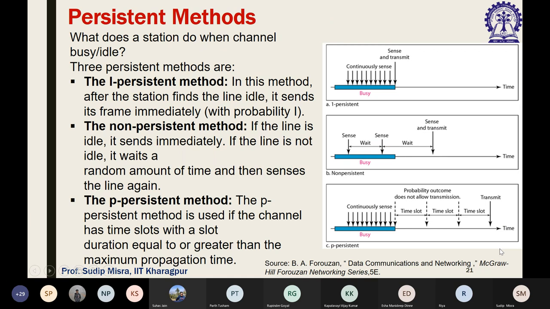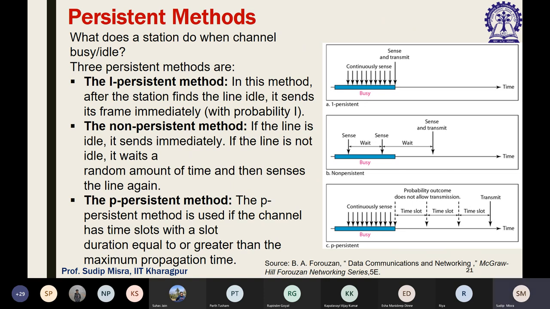So the heart of CSMA is that you need to ensure certain discipline, depending on whether you find the channel to be busy or idle.